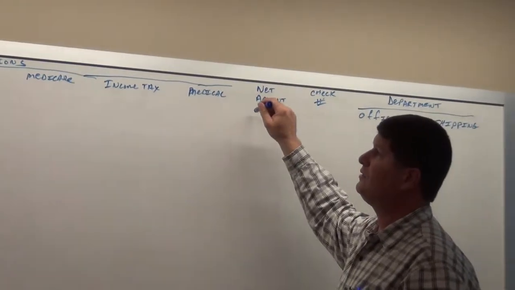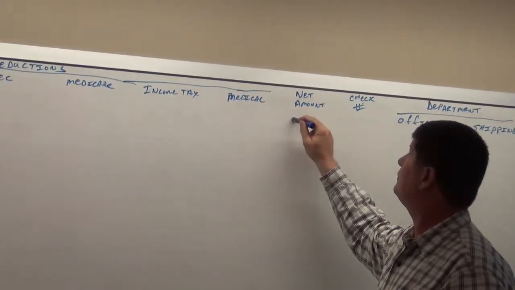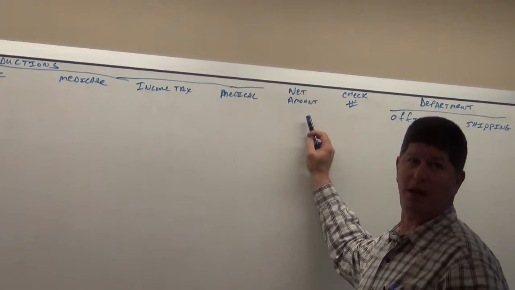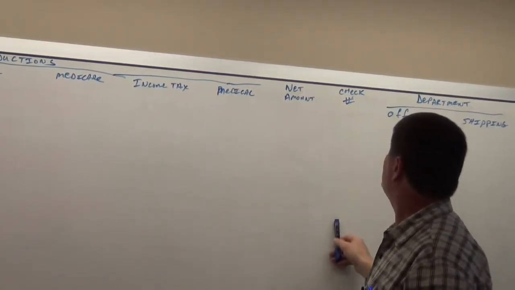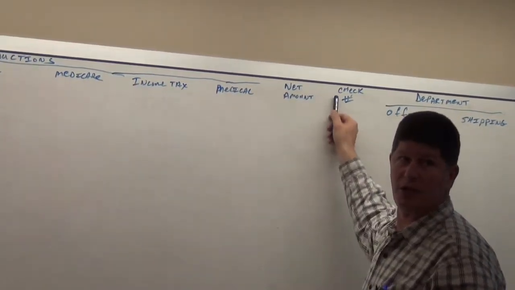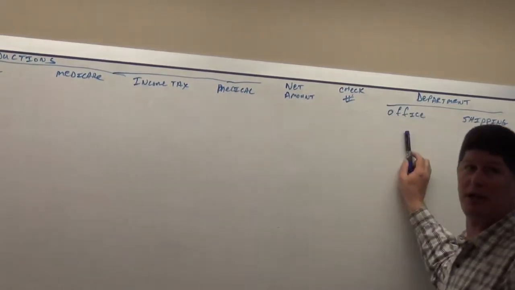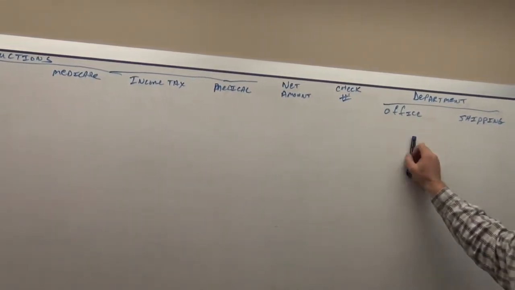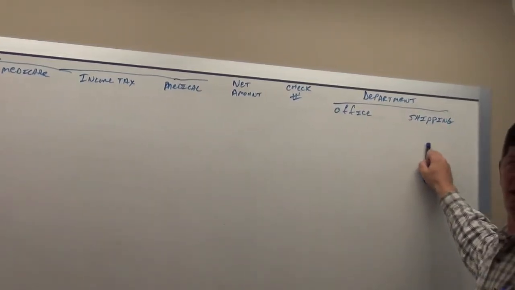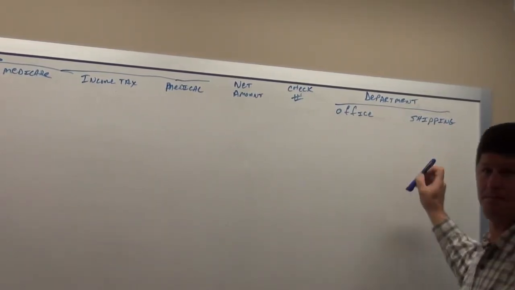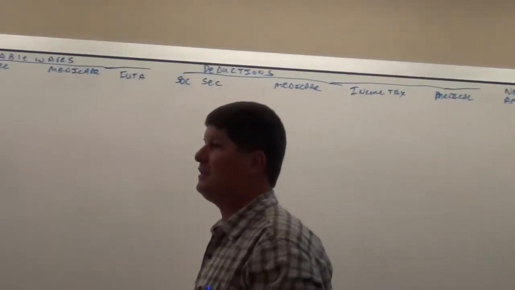Gross minus all of the deductions gives you the net amount. And the check number, when they issue the check, is kind of like your posting reference. Sometimes you'll see them break it up into different departments. In our example, we're using office and shipping departments. Okay? So let's just get going there.